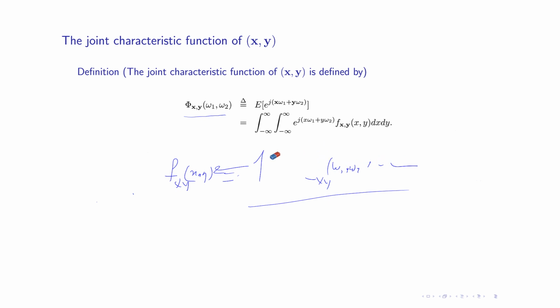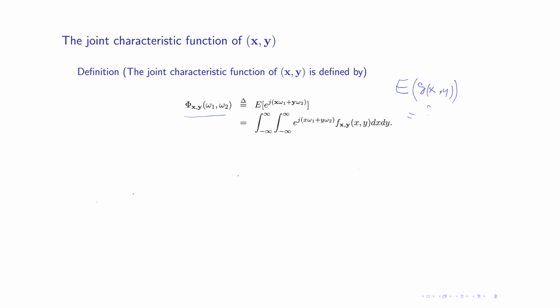Another point I wanted to make is that when you calculate the mean of any function g of x and y, this is a double integral of g of x and y and the joint PDF f_XY of x and y. So basically this is the dot product of g of x and y and the PDF.